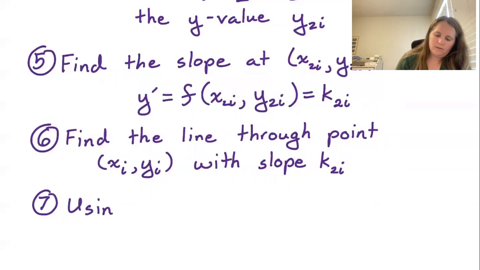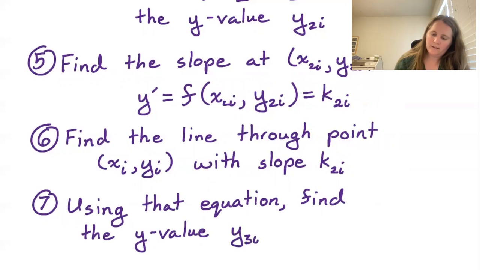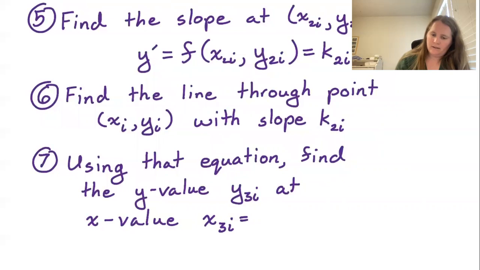Using that equation, find the y value, which we will label y3i, at x value x3i, which again will be xi plus h over 2.